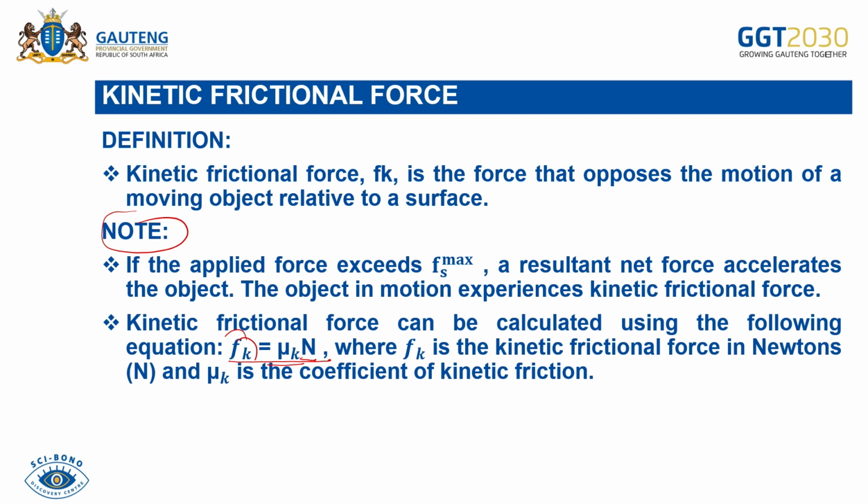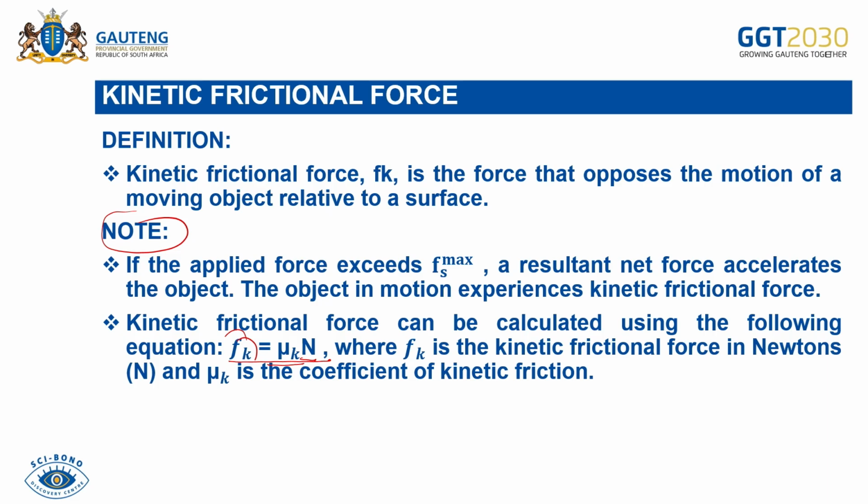All right, so your static frictional force, that is the force that opposes the tendency of motion of a stationary object relative to the surface. Then we have what we call the maximum static friction, which is the force that opposes the tendency of motion of a stationary object just before an object will start to move relative to the surface.